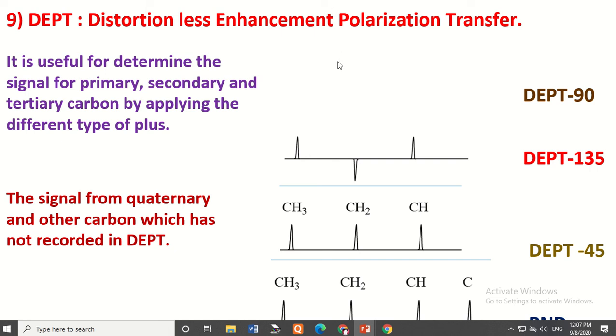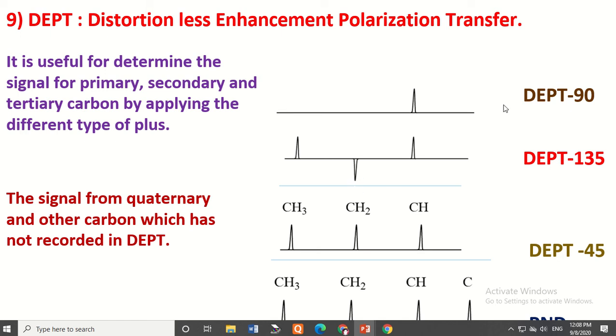Now, in DEPT 90, only the CH peak is obtained, in positive deviation. Therefore, DEPT 90 is more useful than DEPT 135 to determine whether a peak is CH3 or CH. And DEPT 135 is also useful because it easily gives the CH2 peak in negative deviation.